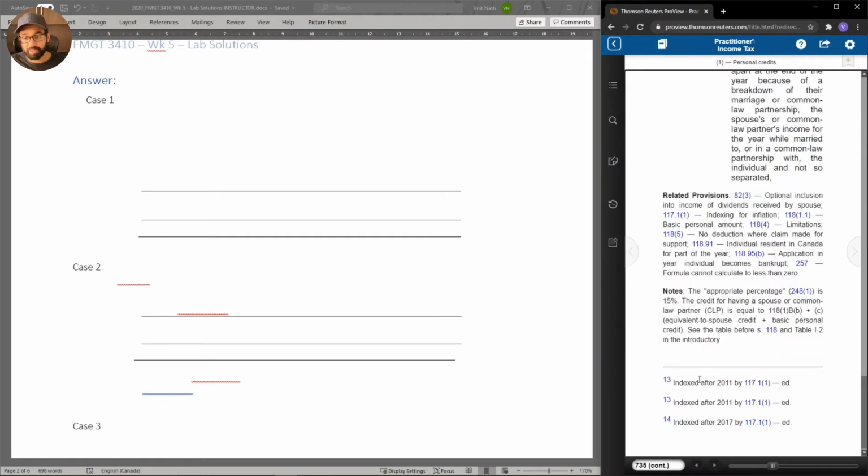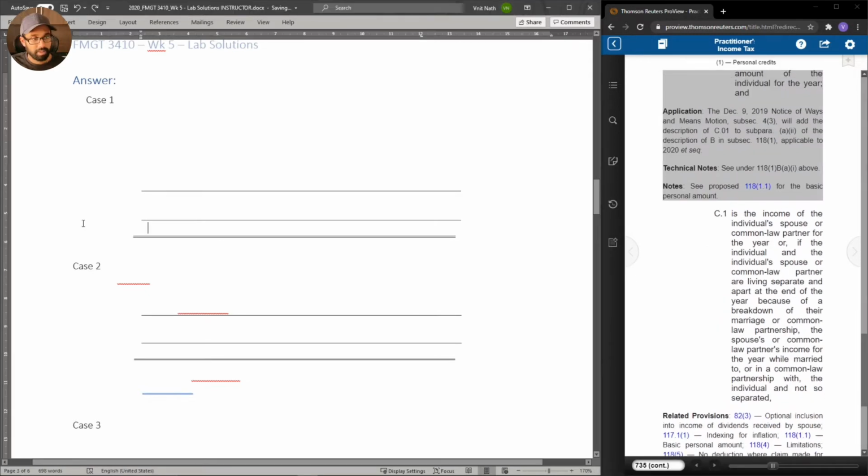And that footnote is really saying that that number, 10,527, was indexed after 2011, and you can find the actual numbers in section 117.1, subsection 1. The actual number for the basic personal credit has changed recently, and it's going to be 13,229.